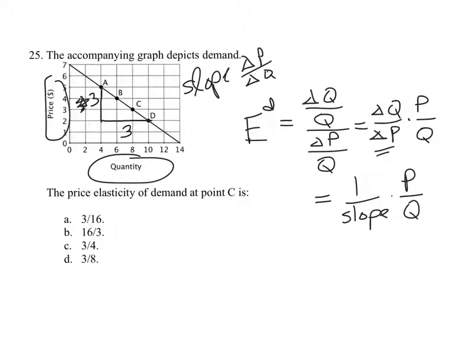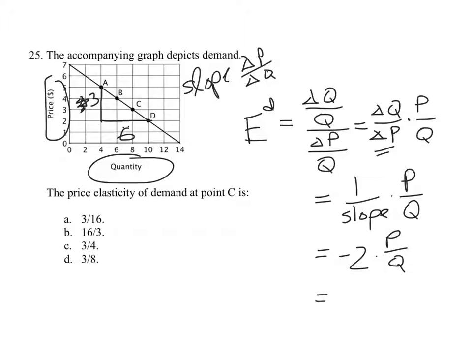So the slope is, oh, that's not 3. I didn't notice that the units were different there. That is 4 to 10 is 6. So the slope is negative 1/2. So 1 over that slope is negative 2 times price over quantity.